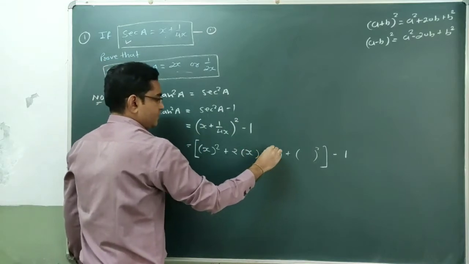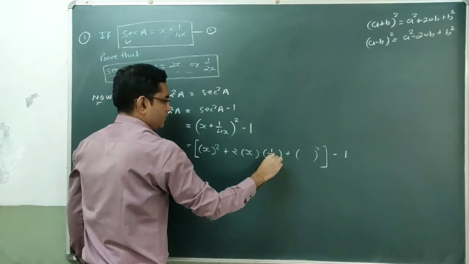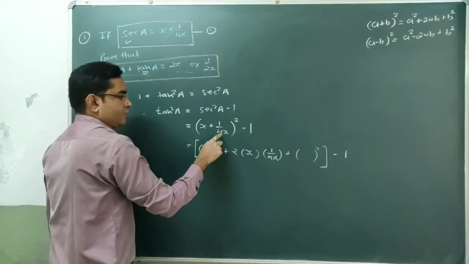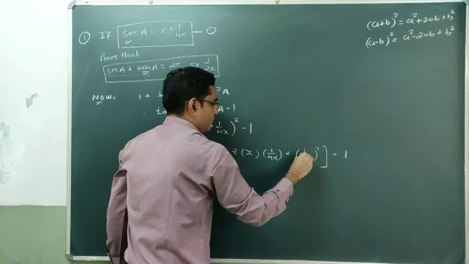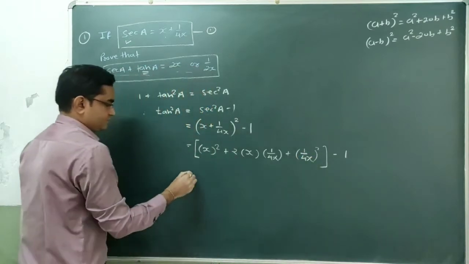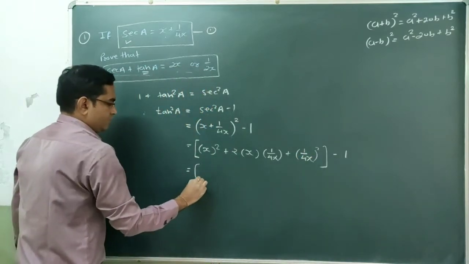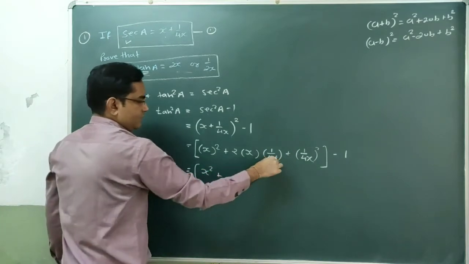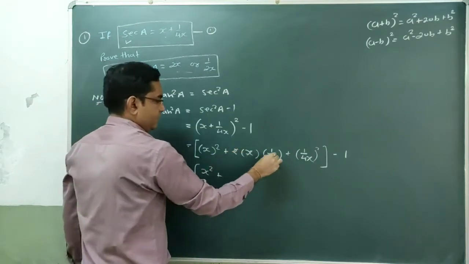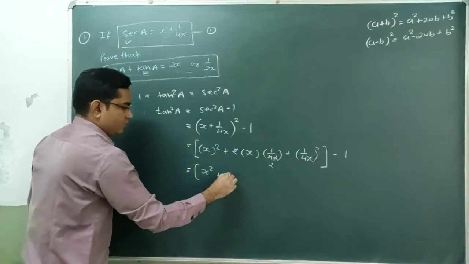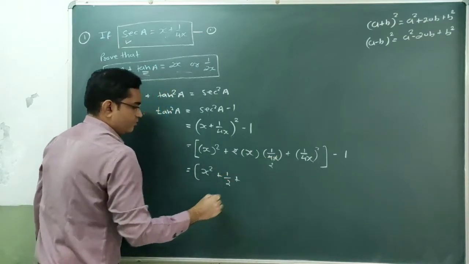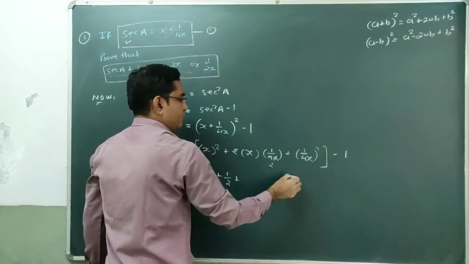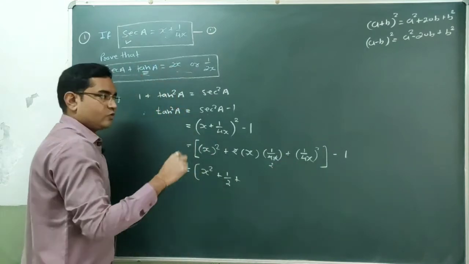First term is x, second term is 1 upon 4x, and the third term is the square of the second term, so it's 1 upon 4x whole square.